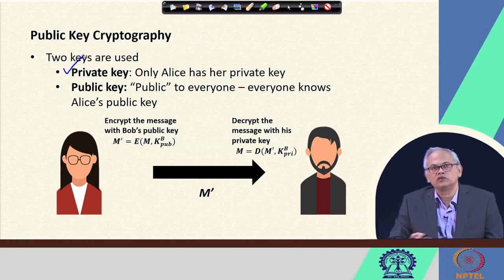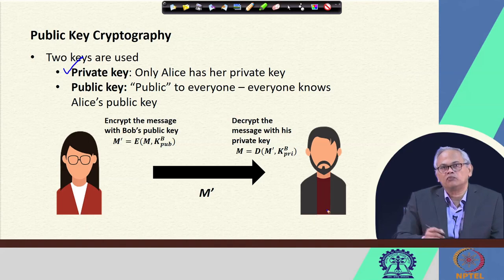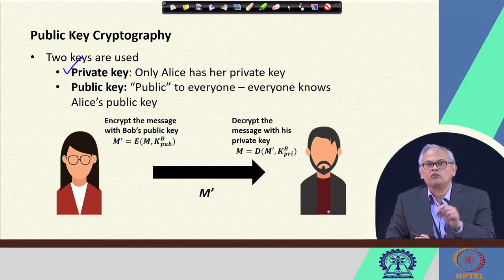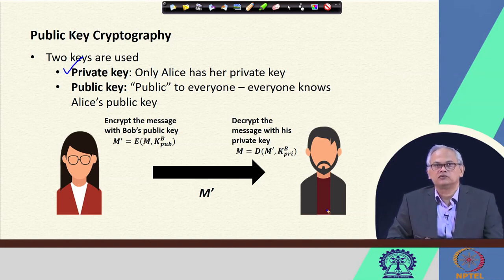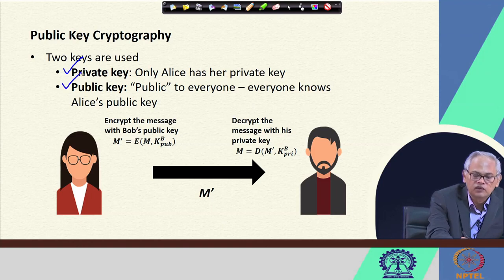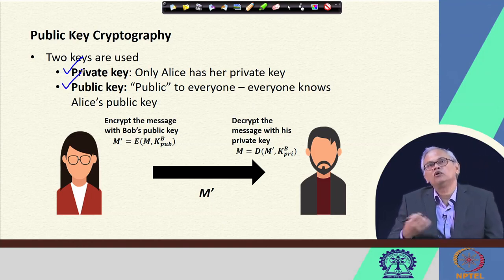So, here we have Alice on the left and Bob on the right, and each of Alice and Bob will have a pair of keys. For example, Alice will have a private key and also a public key. Similarly, Bob will have a public key and also a private key.